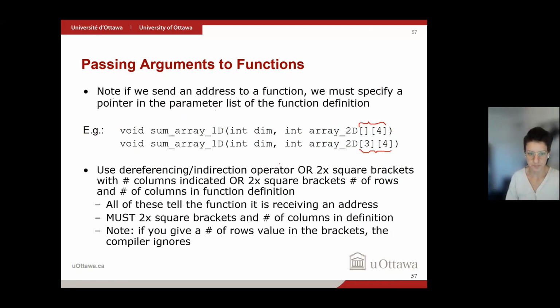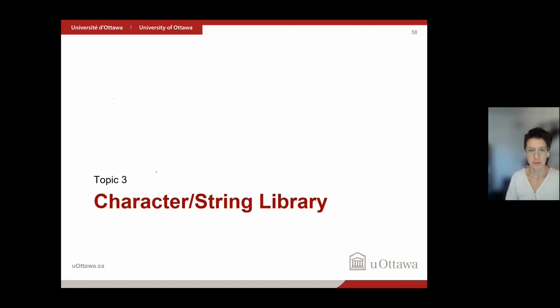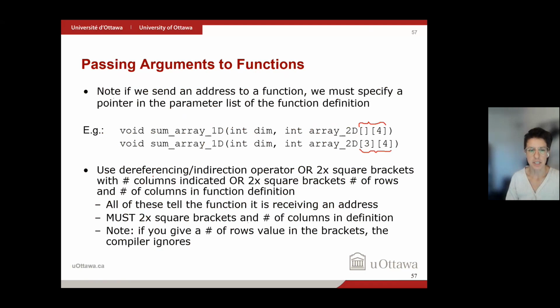Okay. So we can also use the dereferencing or indirection operator. However, that's not a good programming practice for 2D arrays. So for these, you're really going to want to use those 2 square brackets, and you have to make sure that the number of columns is indicated. Okay.